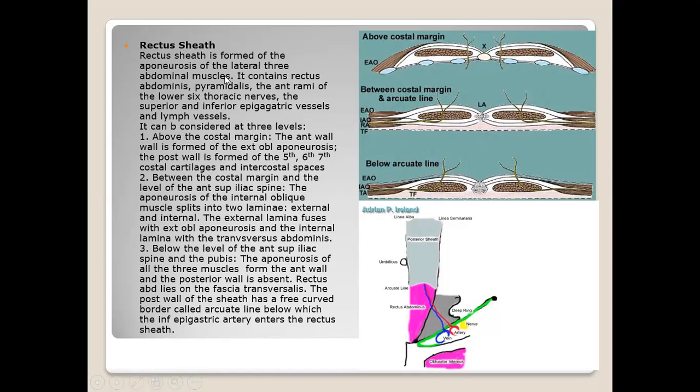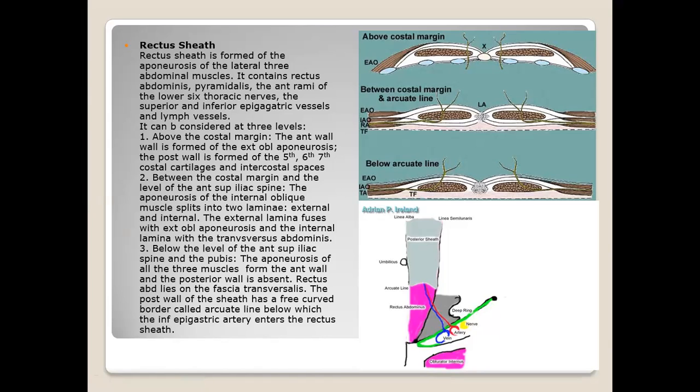Aponeurosis is nothing but the flattening of the muscle. Whenever the muscle is inserted to a bone, it is called a tendon.